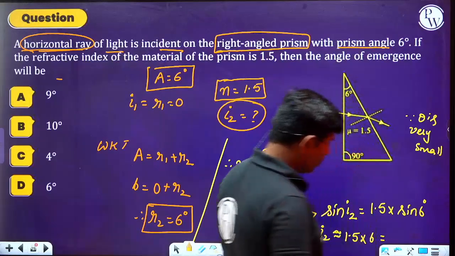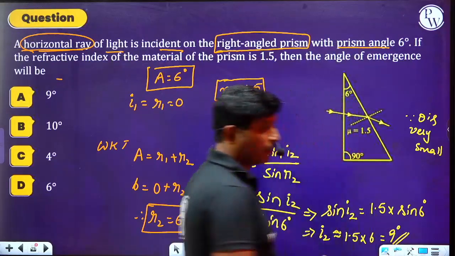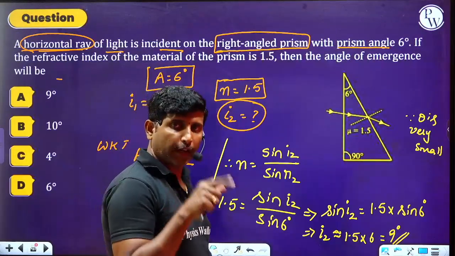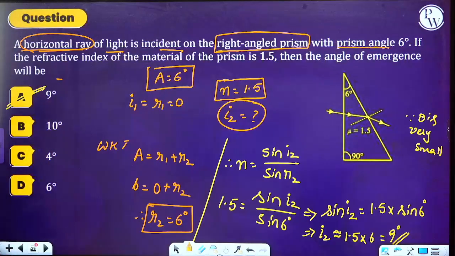Therefore you will get nearly 9 degree. So when the angle of prism is small, or when R2 is small, I2 is also small, and we can go with option A as the right answer. I hope it is clear to you. Now let us move on to the next question.